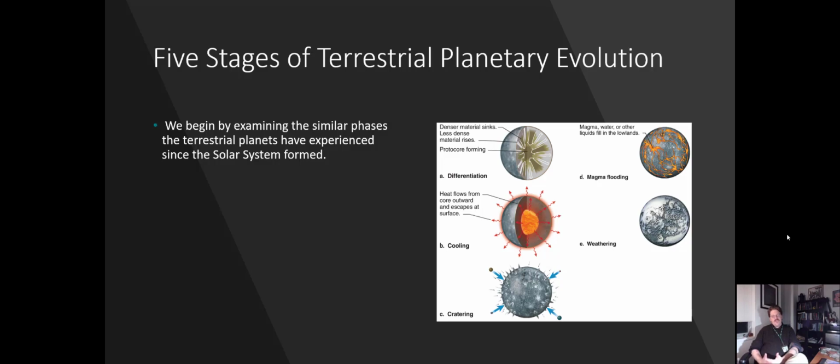So we have 5 stages of terrestrial planetary formation. We have differentiation, which I've described before, a process via which more dense material flows towards the center of the Earth, leaving lighter, less dense materials near the surface. And you have this protocore that forms in the Earth.